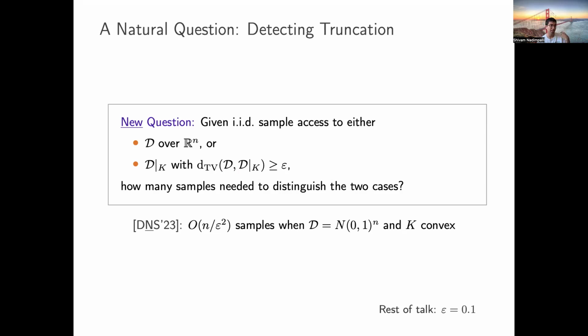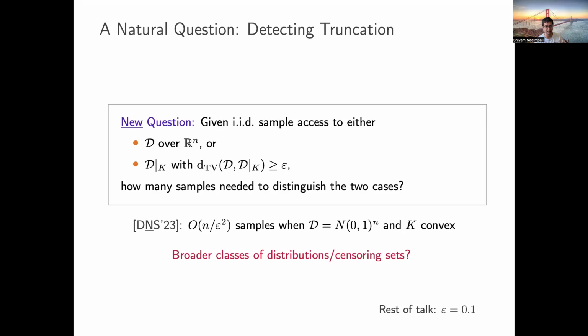We also show that this many samples are needed. Furthermore, this linear-in-n number of samples is not only enough information theoretically, but the algorithm we give is also computationally efficient.